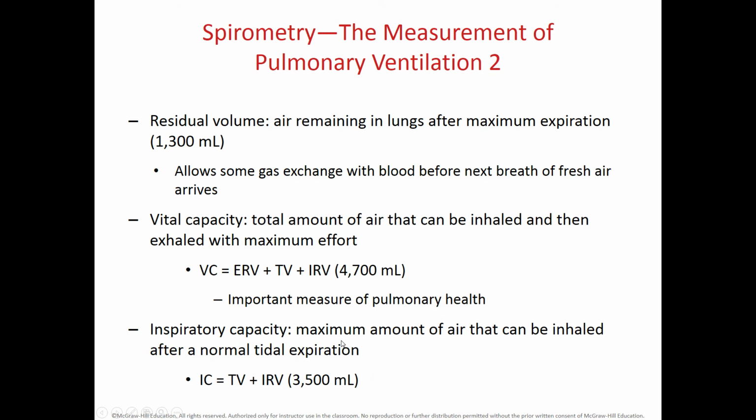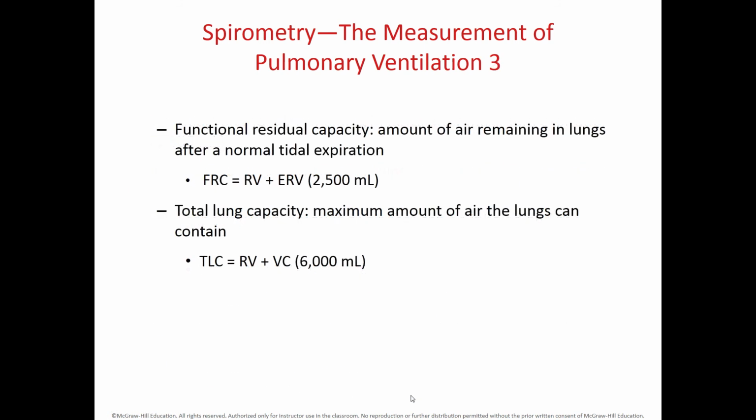Inspiratory capacity is the maximum amount of air that someone can inhale after a normal tidal expiration. It can be 3.5 liters. So we can inhale more air after we inhale the normal amount of air during tidal volume.